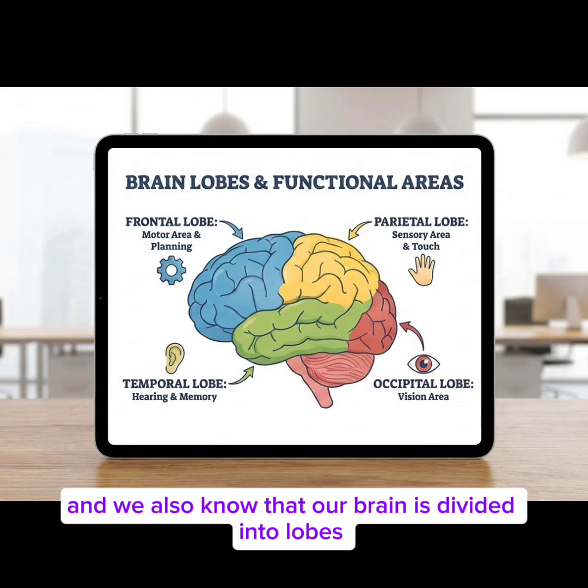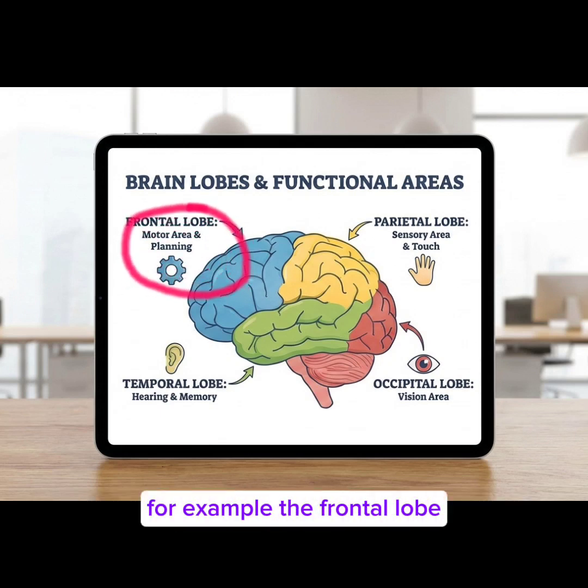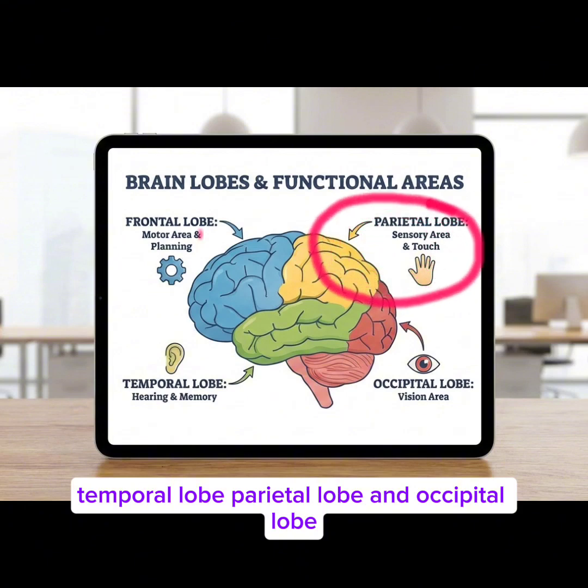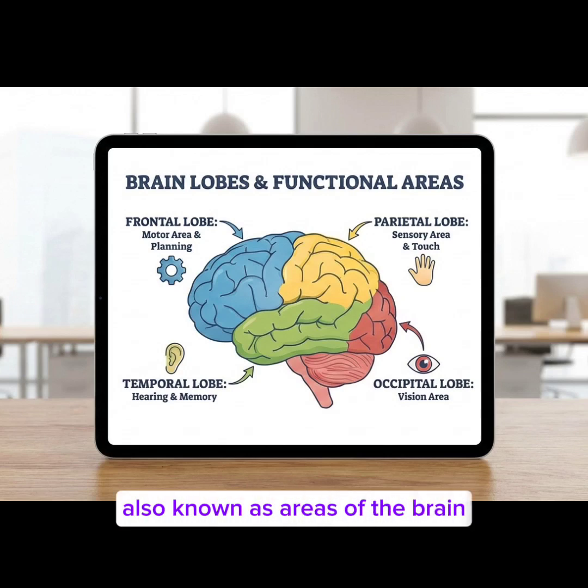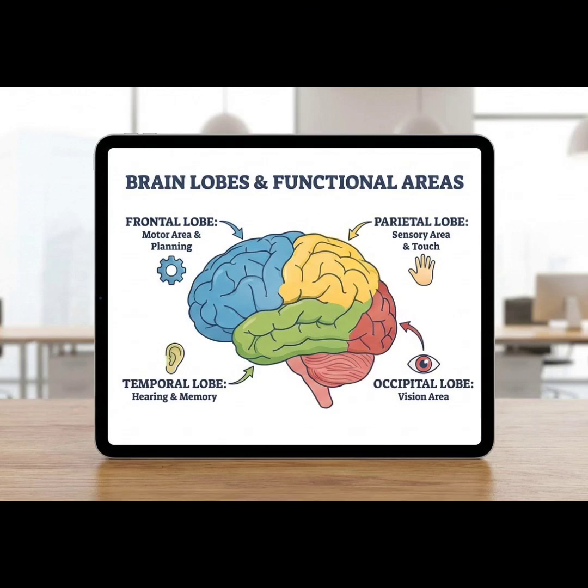And we also know that our brain is divided into lobes, for example, the frontal lobe, temporal lobe, parietal lobe, and occipital lobe. Each lobe has specific functions in specific areas, also known as areas of the brain.